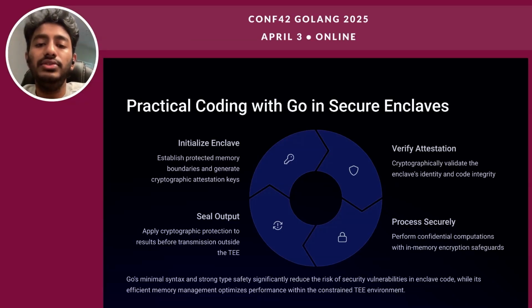And then comes attestation. You prove cryptographically that the code inside is what it's supposed to be. Once verified, you run your sensitive logic, maybe decrypting your data, processing it, or applying analytics. And finally, you seal the results, meaning they're encrypted before leaving the enclave.